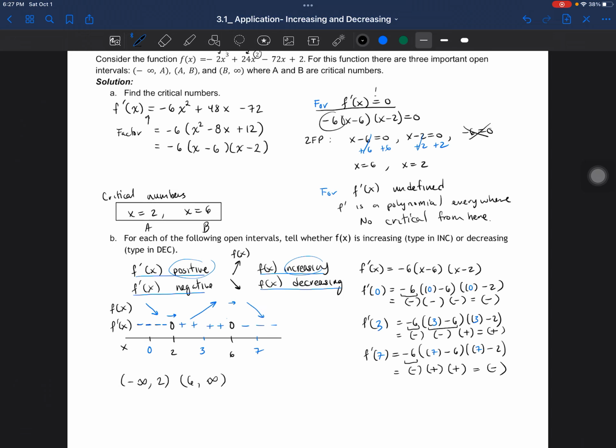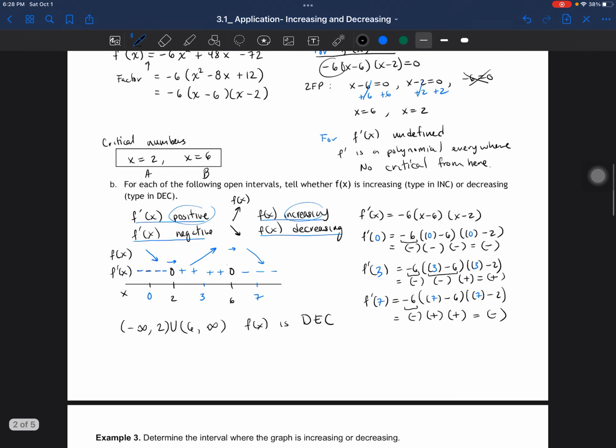Now because these are two intervals, we want to unite them to create one single expression of x. If we unite these two intervals, then this is where the function is decreasing. That's how you're going to write it in the homework. And then from 2 to 6, the function f of x is increasing.